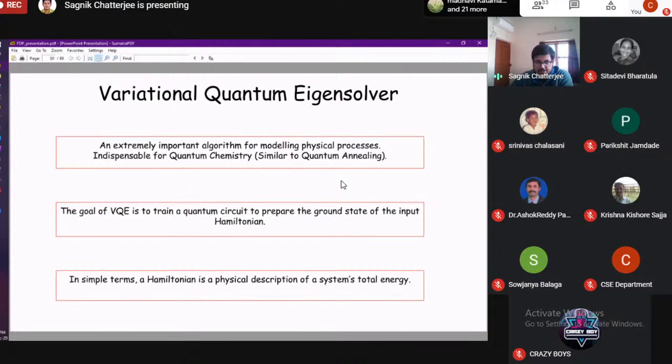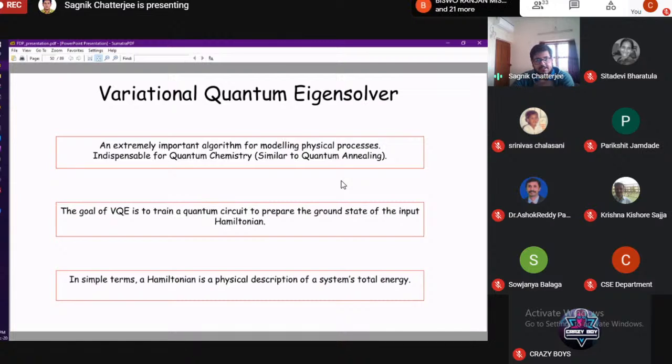The Hamiltonian here is nothing but a physical description of the total energy of the system. It's the kinetic energy and the potential energy, and at the quantum level you have other energies coming in, the nuclear energy and so on. So the total energy of a system is physically described by the Hamiltonian.